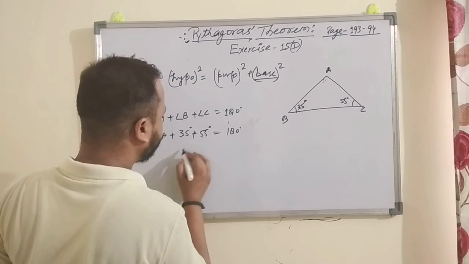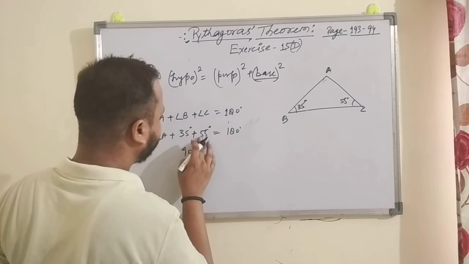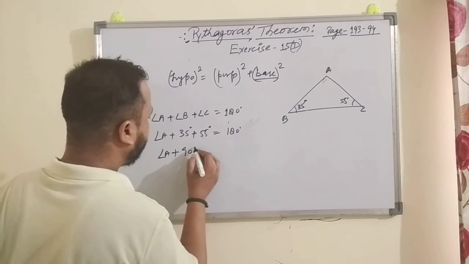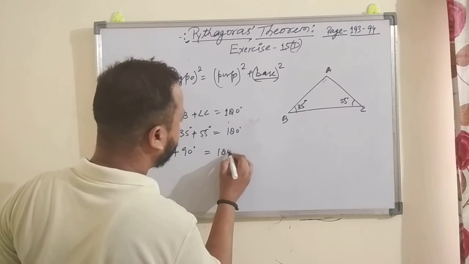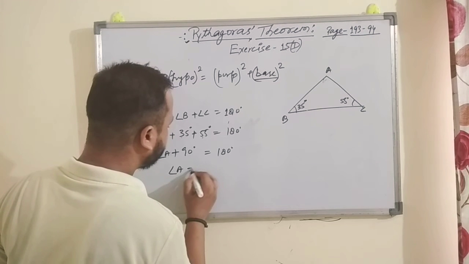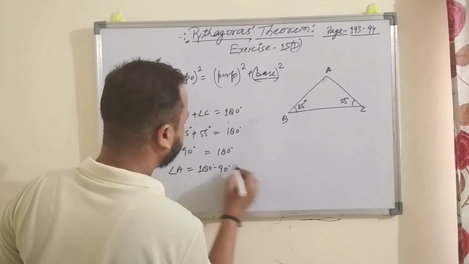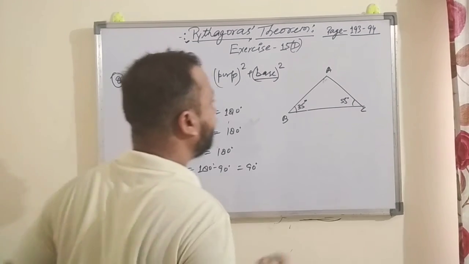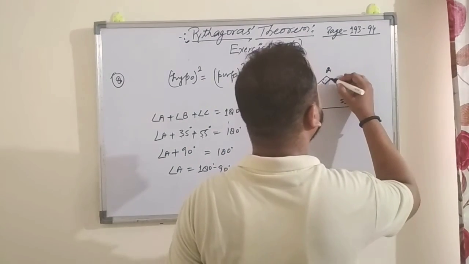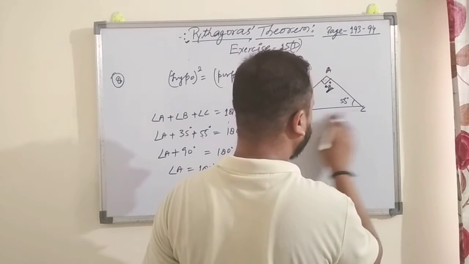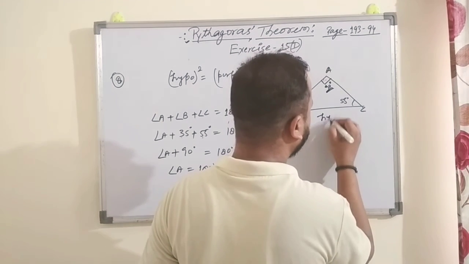So 35 plus 55, that is 90. So angle A plus 90 is equal to 180 degrees. It means angle A is equal to 180 degrees minus 90 degrees, right? That is equal to 90 degrees. So this angle is 90 degrees. So if this angle is 90 degrees, this side is hypotenuse.